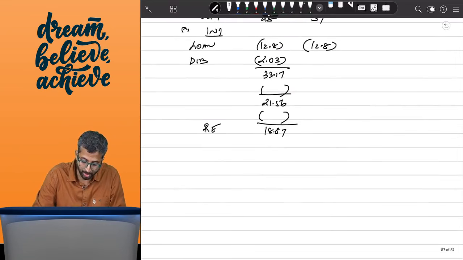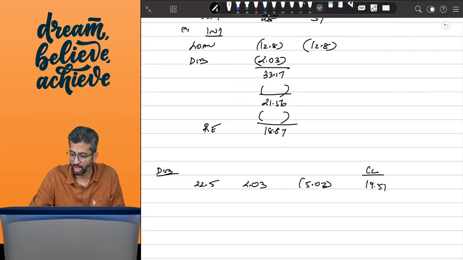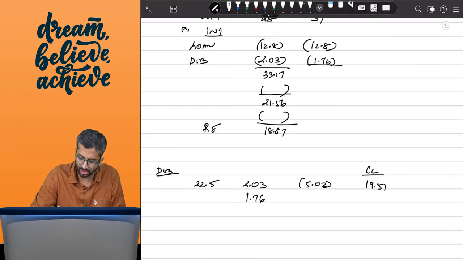No. So, I'll have to prepare an amortization table for the debentures where I will say opening was 22.5, on which 2.03 was the interest of the first year, but 5.02 was repaid, and hence the closing balance will be 22.5 plus 2.03 minus 5.02 comes to 19.51, and 19.51 into, for example, 9% comes to around 1.76, and similarly you will do the working for all the other years as well.